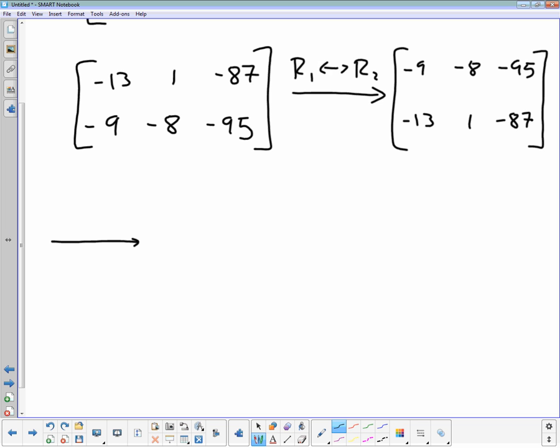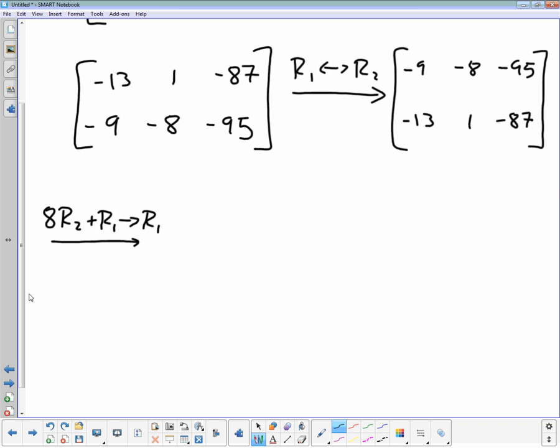All right, now I want someone to explain to me why I'm about to do this. Why am I doing that? To turn the negative 8 into a 0.